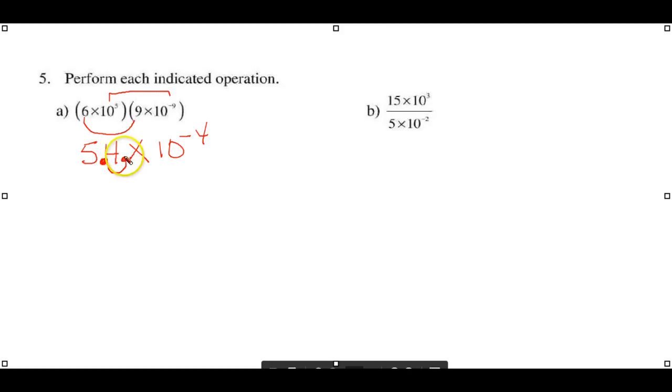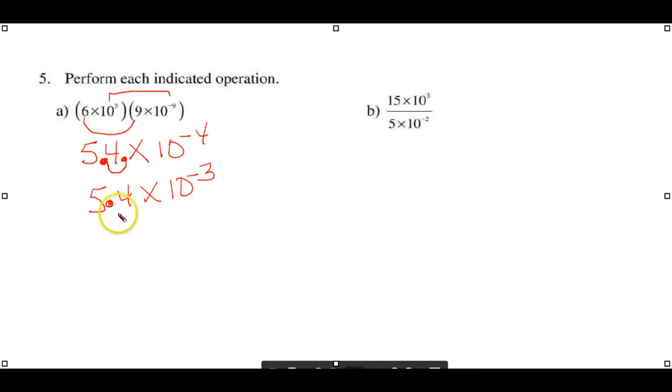Now, doing that, do we add a negative 1 or do we add a positive 1 exponent? Think about that for a moment. And the answer is we add a positive 1. We're making a big number smaller, so we have to add a positive exponent.